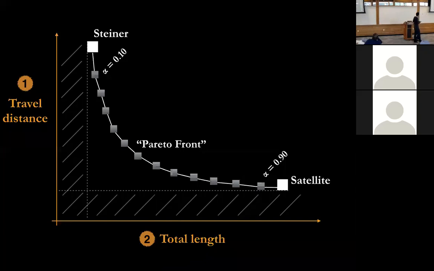By using this algorithm, we can generate what's called a Pareto front. This is the optimum for alpha equals 0, this is alpha equals 1, and then we use our algorithm to interpolate what the best thing to do is in between these two endpoints.